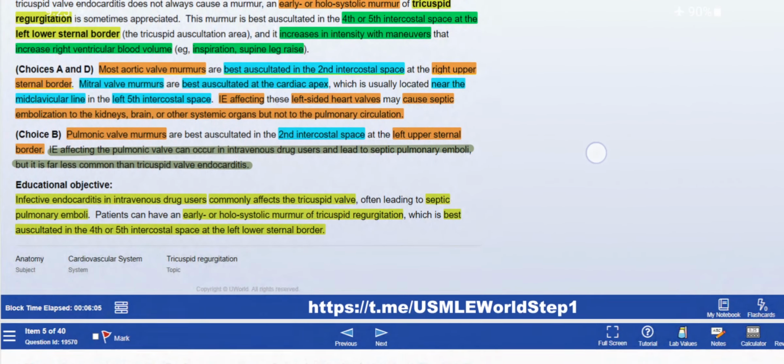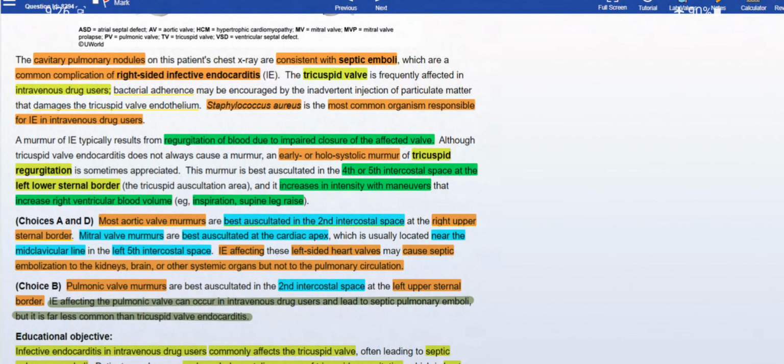So let's have a quick review. Cavitary pulmonary nodules are consistent with septic emboli, a common complication of right-sided infective endocarditis, tricuspid valve in IV drug users. Bacterial adherence will damage the tricuspid valve endothelium.